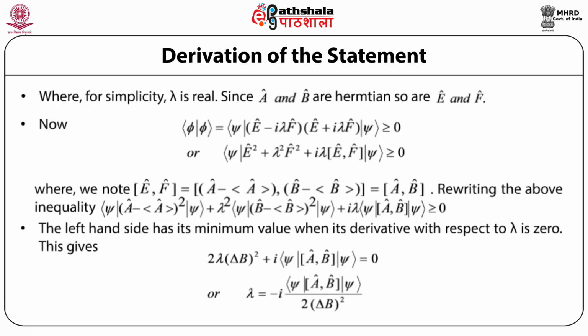Rewriting the above inequality in terms of the result that we have just derived, we can say that the bra vector state psi, bracket open operator A minus the expectation value of operator A bracket close whole square acting on state psi, plus lambda square times bra vector state psi, bracket open operator B minus expectation value of operator B bracket close whole square acting on ket vector state psi, plus iota lambda times bra vector state psi, commutator of operator A and operator B acting on the ket vector state psi, is greater than or equal to 0.